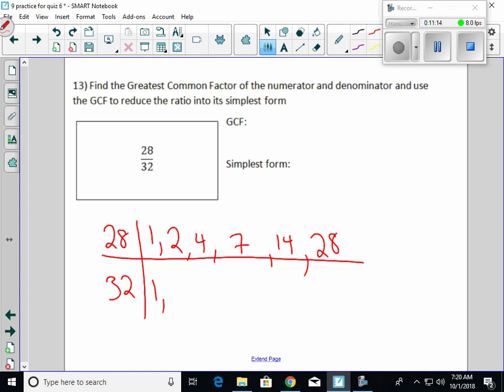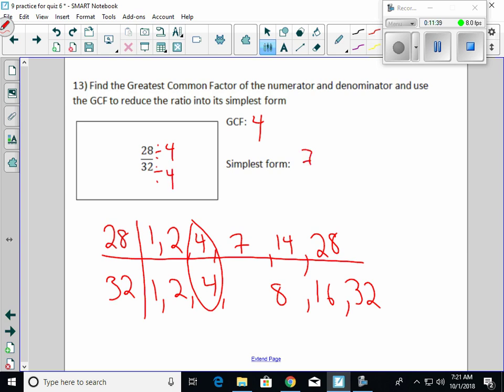And to get 32, 1 times 32. 2 times 16. 3 doesn't work. 4 times 8. And 5 and 6 do not work. So it looks like 4 is my GCF. So divide those by 4. I get 7 over 8.